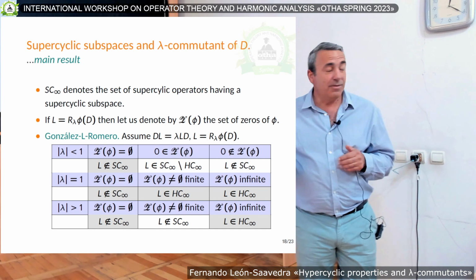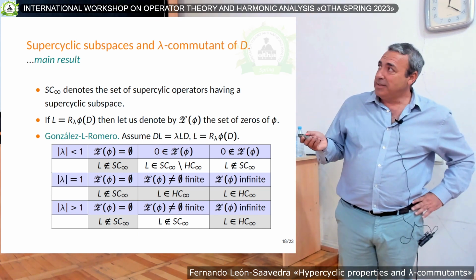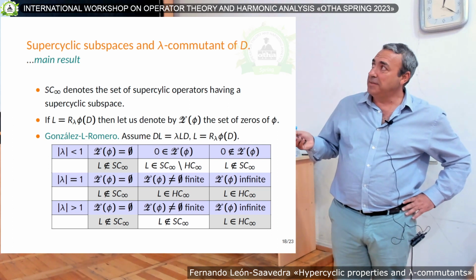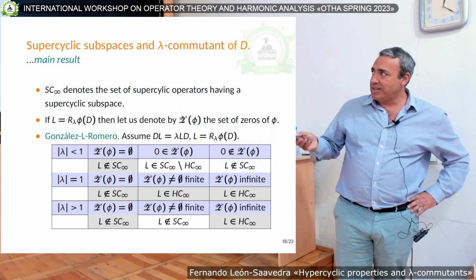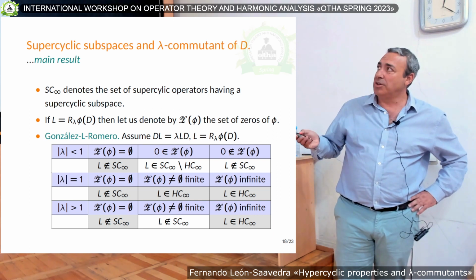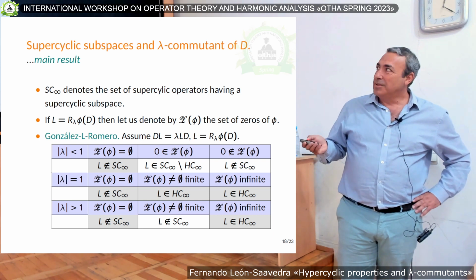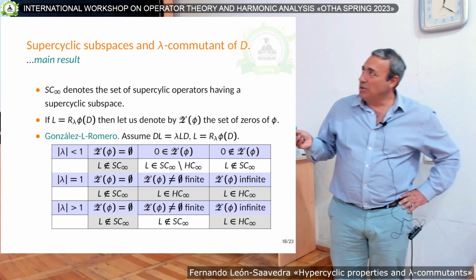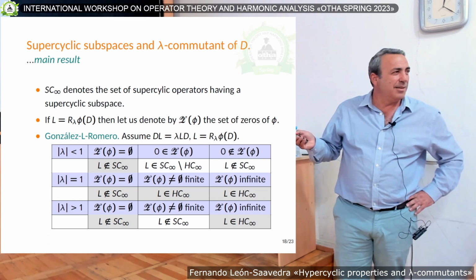We can say the same for supercyclic subspace. For supercyclic subspace, the table below summarizes a full characterization of a standard Lagrange operator that has a supercyclic subspace. The result depends on the zeros of the function phi.